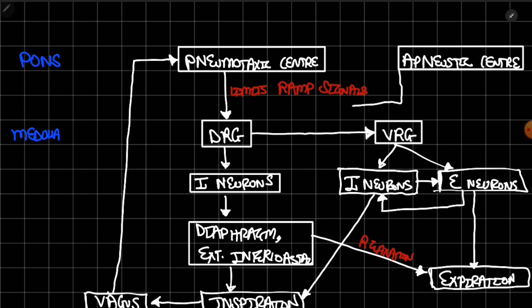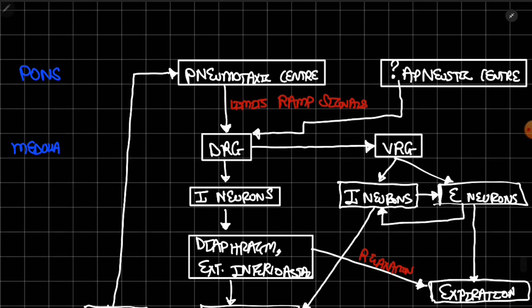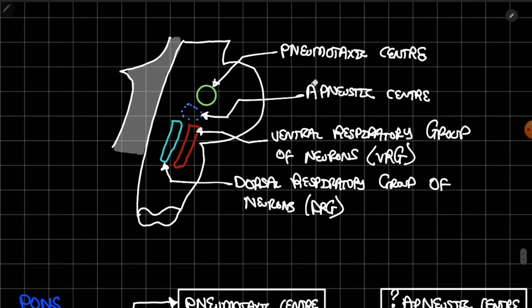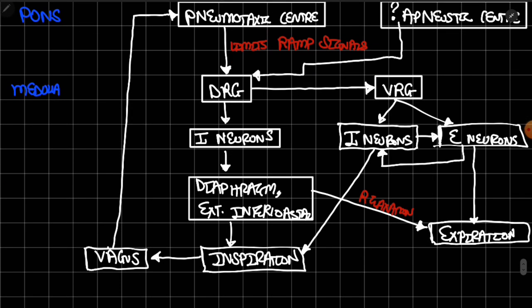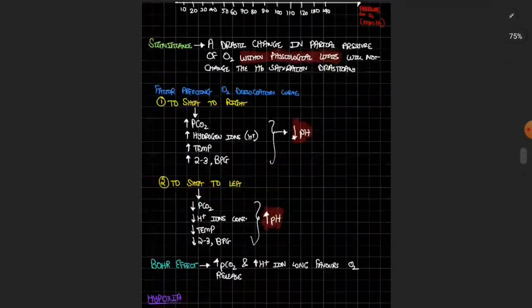It must stimulate the DRG. Sorry, the name is apneustic center as given in Guyton. So it stimulates the dorsal respiratory group and thus increases the rate of inspiration, and therefore the rate of respiration. This was all about the regulation mechanism of respiration.